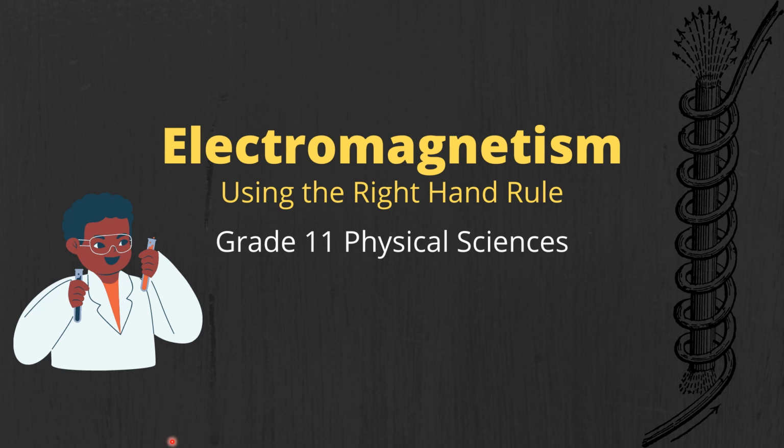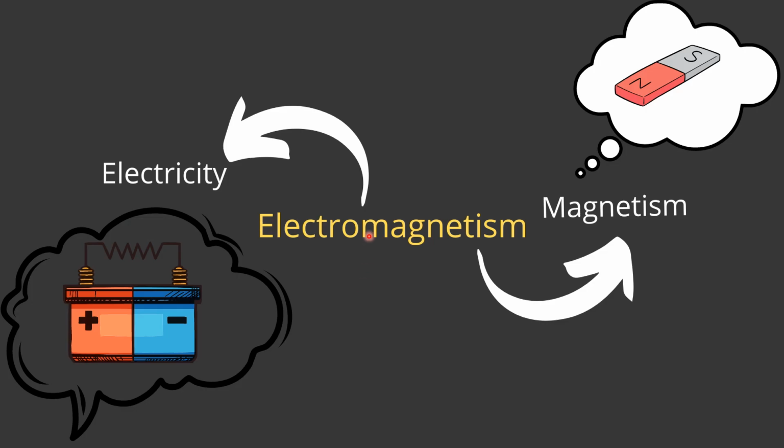So the first thing that we need to do is to define what electromagnetism is. And to do that, let's try to just break this term apart. You know that it's actually a combination of electro, which comes from electricity, and magnetism, which comes from magnets.